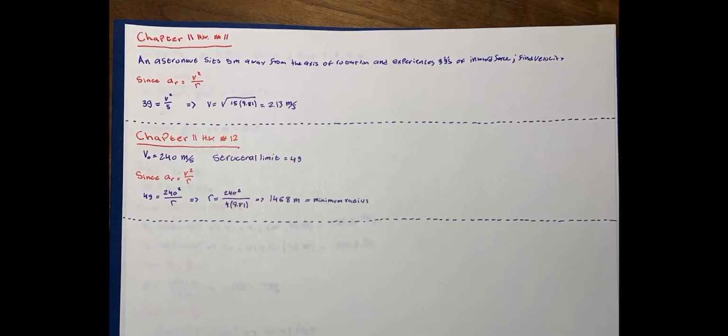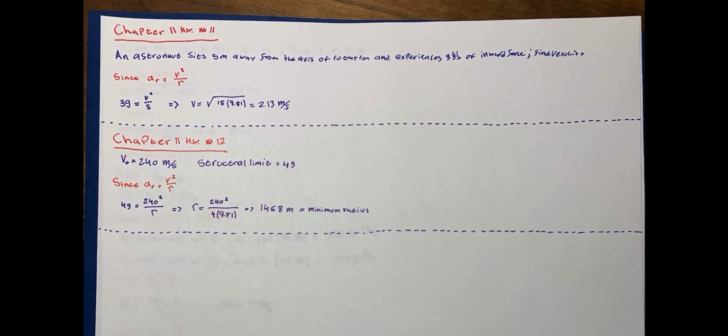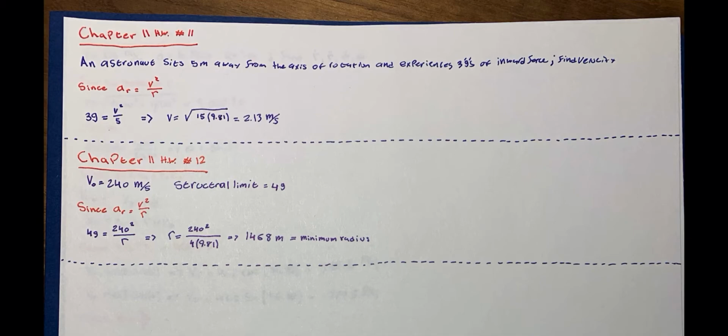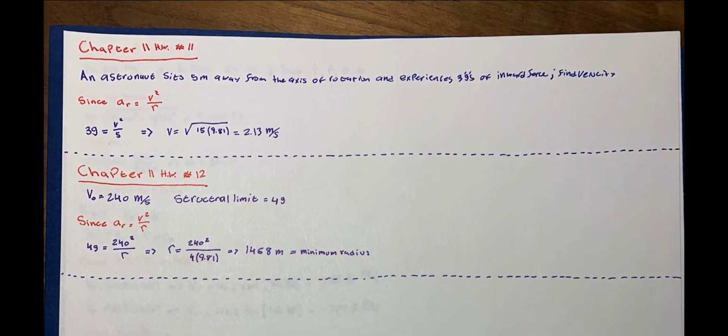Alright, 11 and 12 are pretty similar. Both just using the equation acceleration is equal to v squared over r, and pretty much just plugging in the numbers that were given in the question statement, and then solving for the unknown that's there.